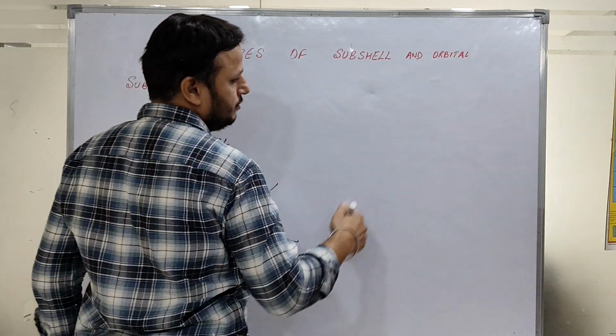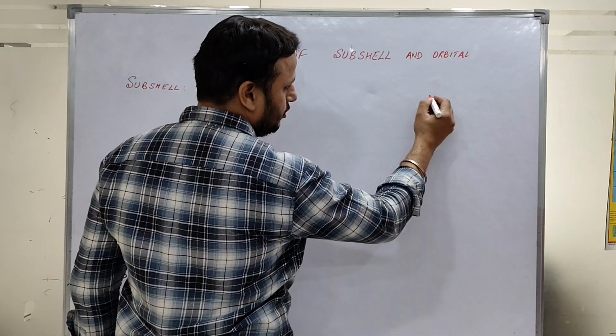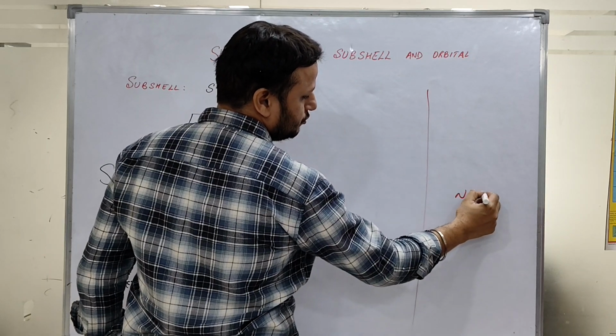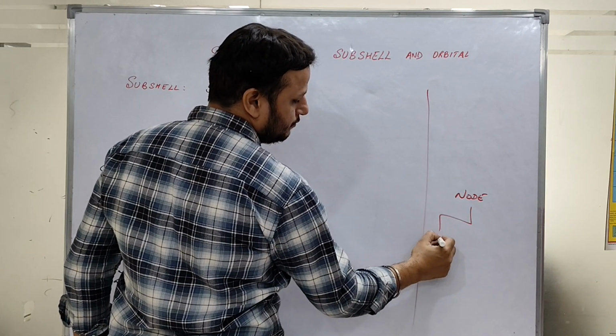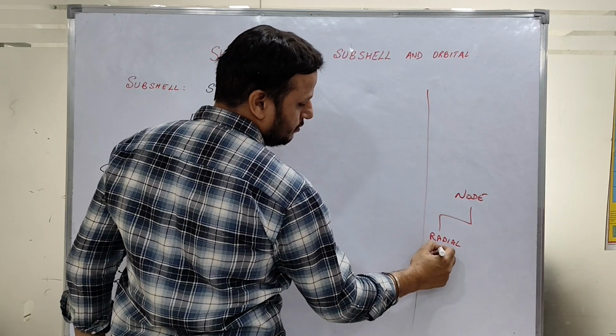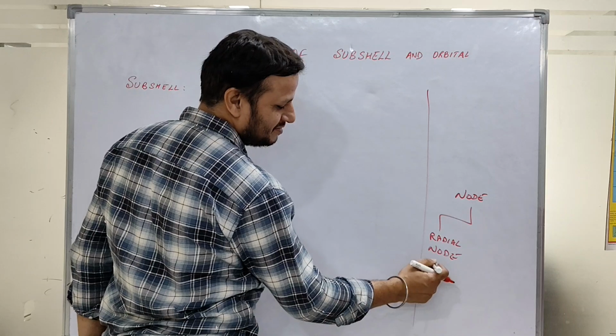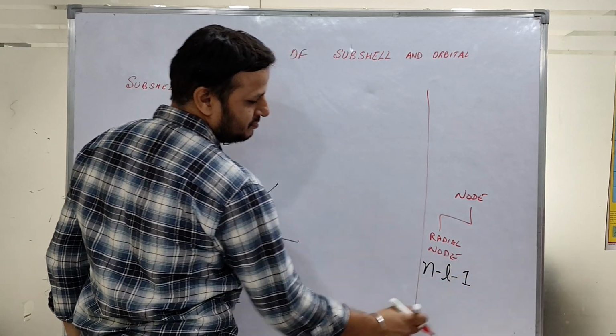And as we have also studied the formulae of nodes, there are two types of nodes. Radial node: what is the formula of the radial node? N minus L minus 1.